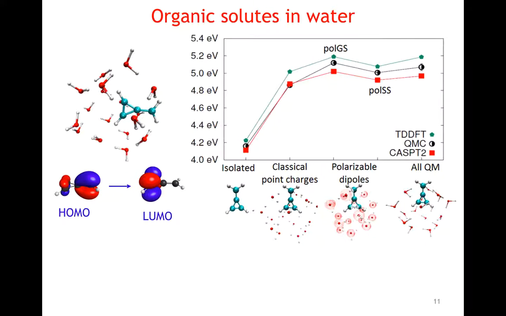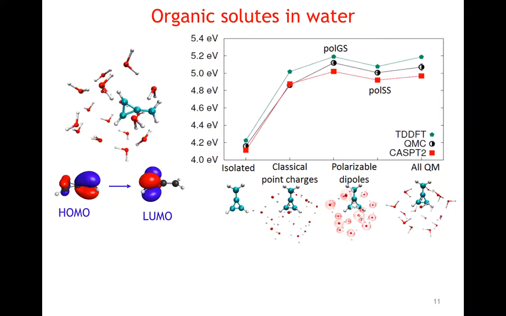So let's see an example of how this polarization works. Here we are describing the excitation of MCP, this green molecule that we see on the left, in water. This excitation is characterized by a HOMO-LUMO transition, and it is linked to a blue shift when we are in a polar environment such as the water solution.